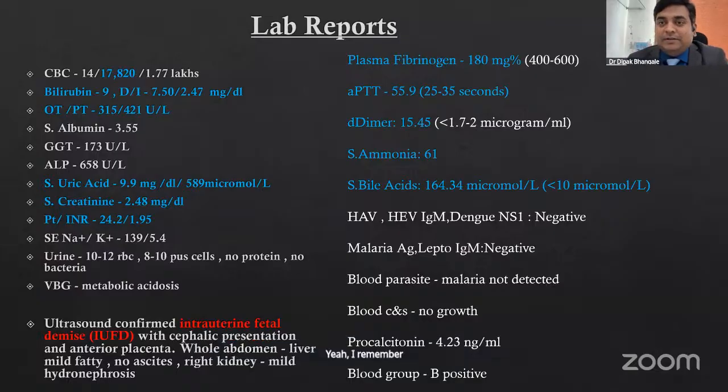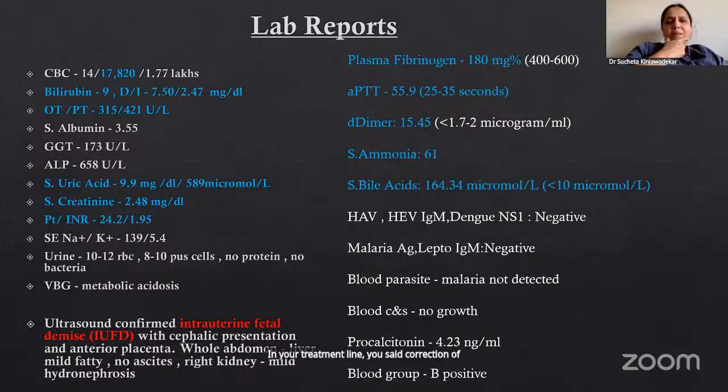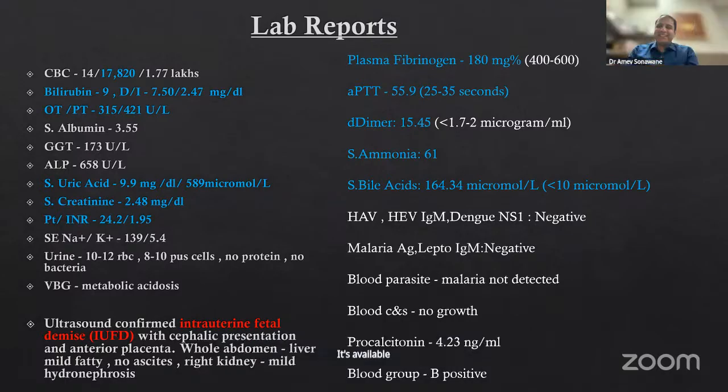The hepatocyte is too exhausted to at least excrete these bile acids. Correct. In your treatment line, you said correction of hypoglycemia by giving 25% dextrose. Usually, our labor rooms are filled only with normal saline and Ringer and not really dextrose. So, how to give this 25%? I mean, it's available as an emergency drug, but I'd start with 0.9 DNS and then make it available.